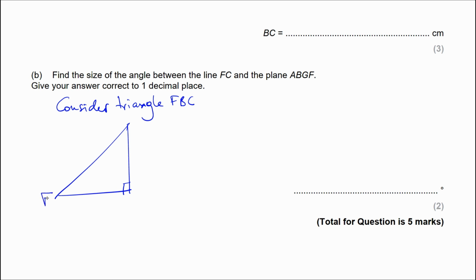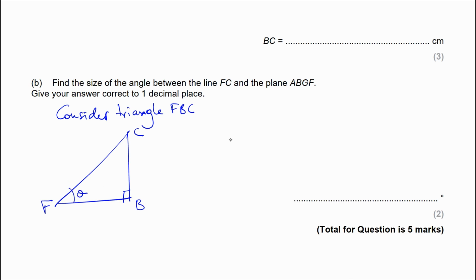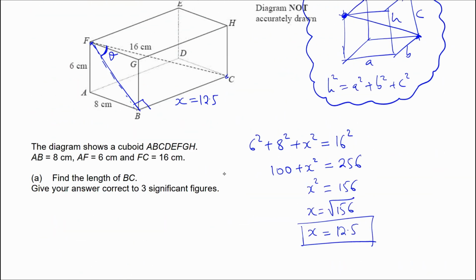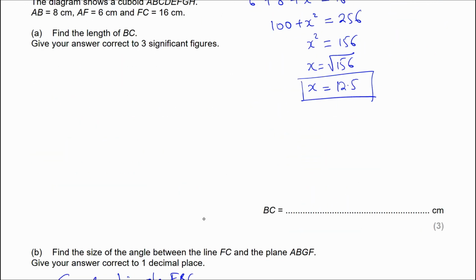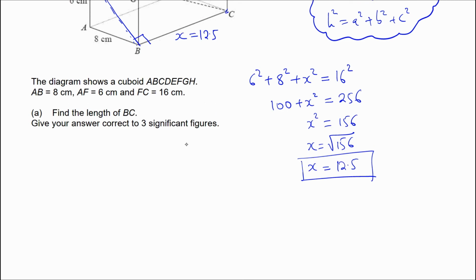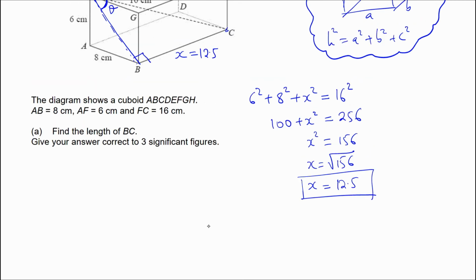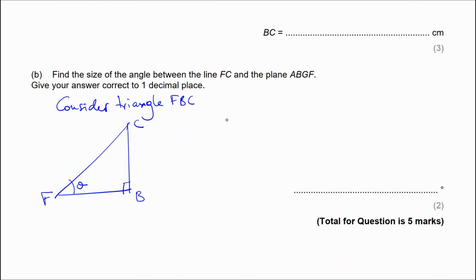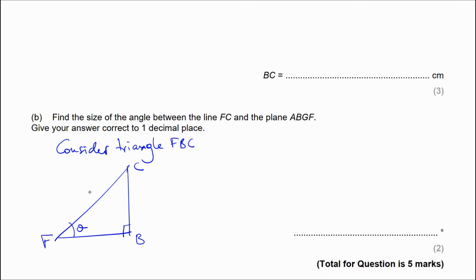Then you have F, you have B, you have C, you have theta. So basically this is what I've done. I've kind of rotated this triangle. So F is right here, B is right there, and C there. And then I'll plug in the measurements. So the longest side is 16, and that's 12.5 as you calculated.